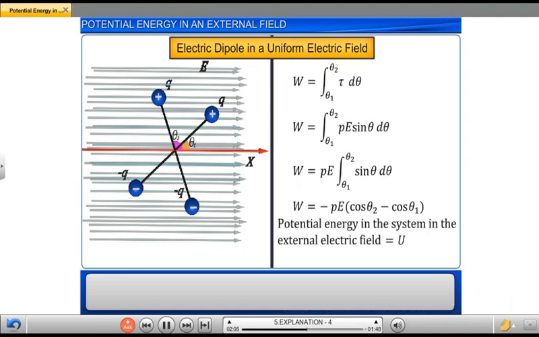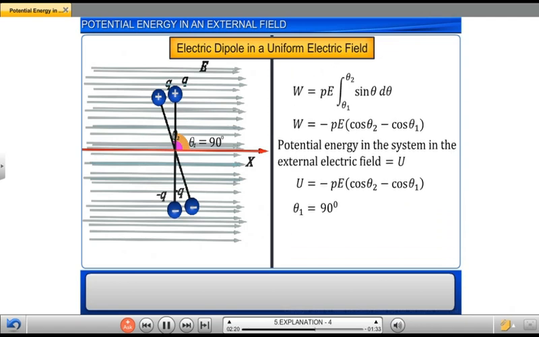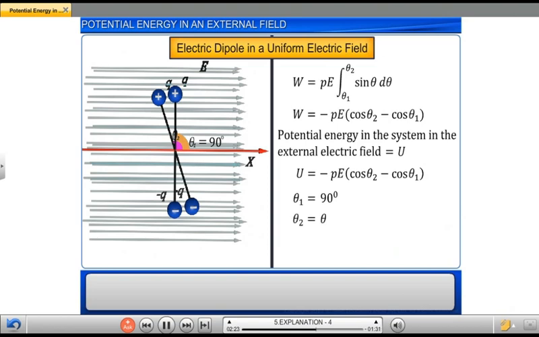This work done by the external torque gets stored as potential energy U in the system in the external electric field. If theta 1 is equal to 90 degrees and if theta 2 equals theta, then the potential energy in terms of the angle the dipole makes with the external field is U is equal to minus P E cos theta.